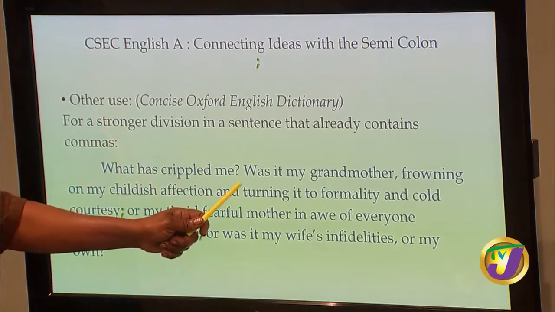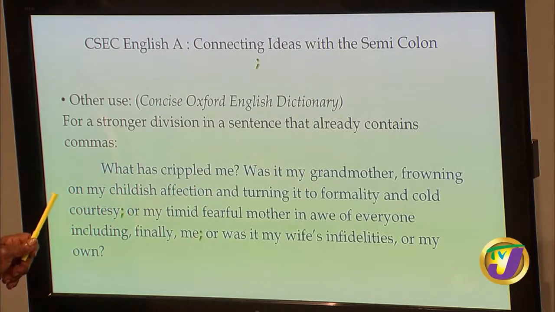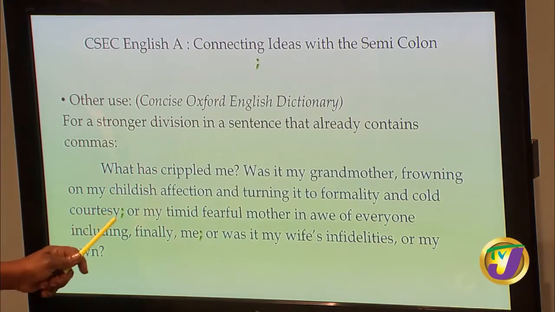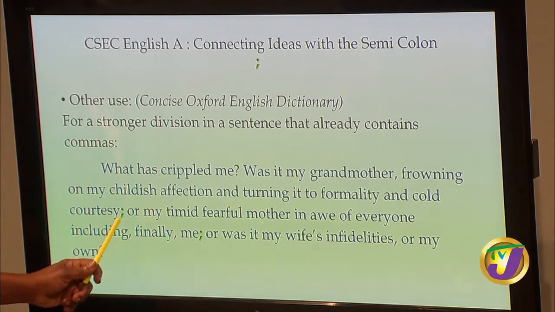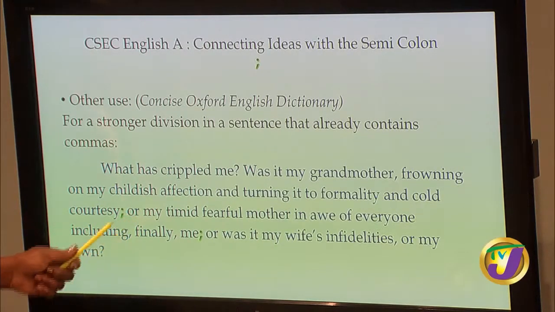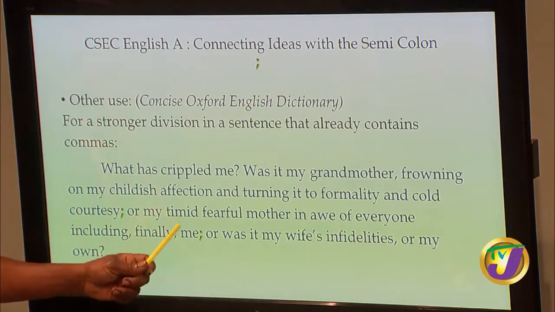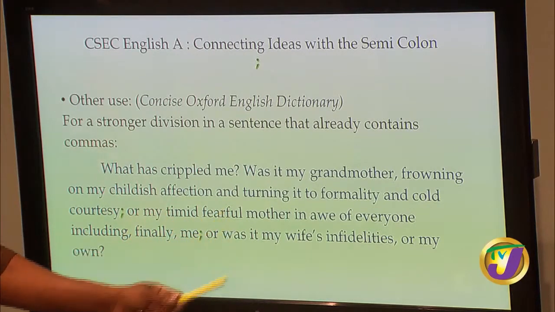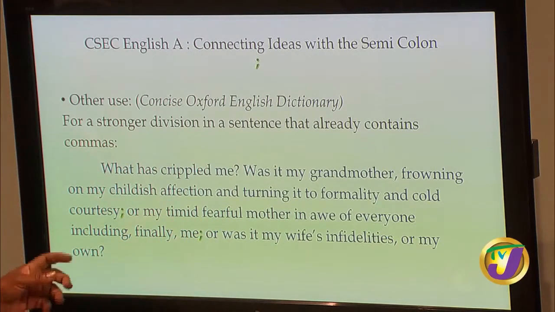So the question mark could actually come here and end, but the person is still wondering. So coming over now with the connection of the conjunction, my timid, fearful mother in awe of everyone, including finally me.